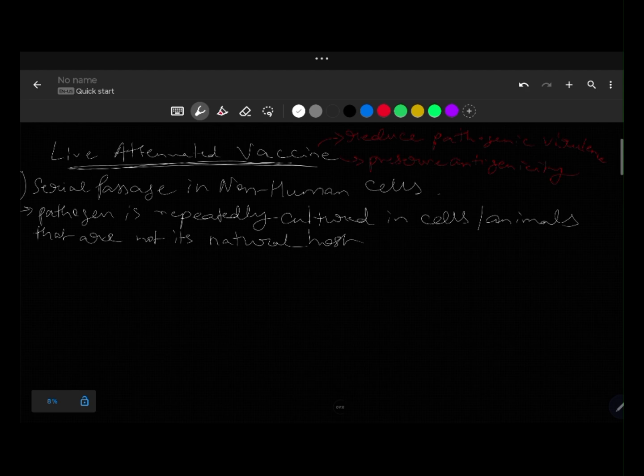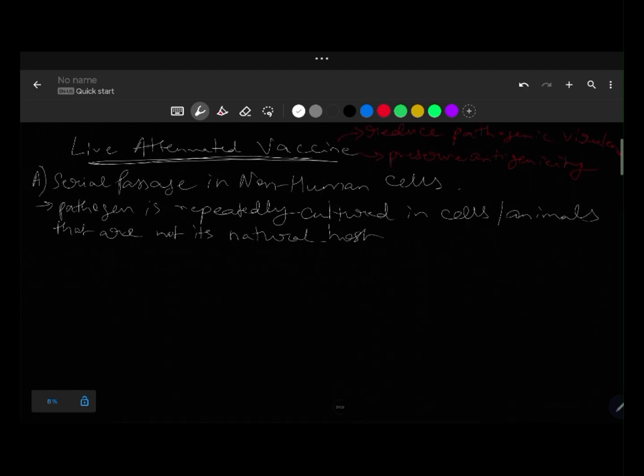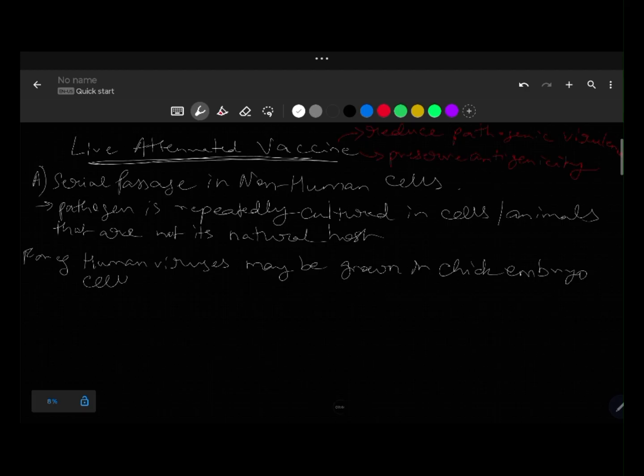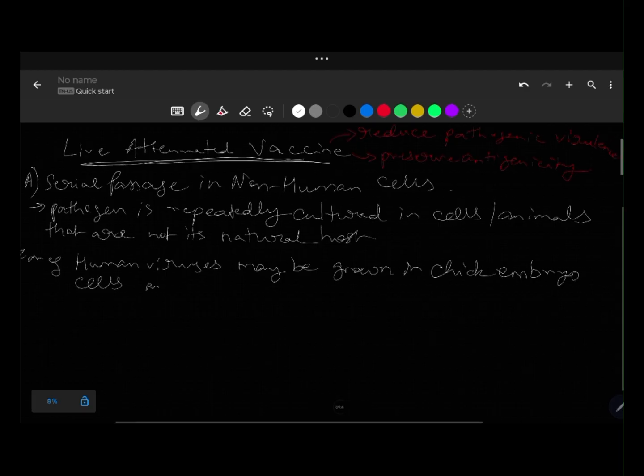For example, human viruses may be grown in chick embryo cells or monkey kidney cells.